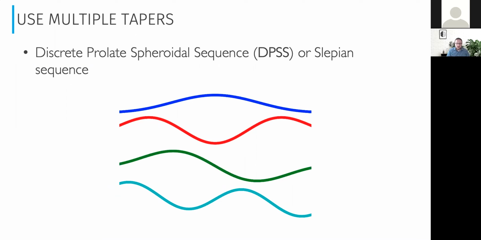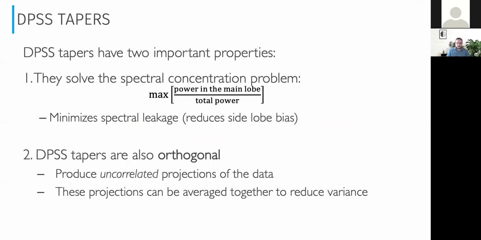It really doesn't matter what this is, but at the very basics, you need to know that these are different taper shapes that we multiply the data by, and we're going to average them together. But these are very special shapes for a couple of reasons. They're shapes that were designed to taper things so that you keep most of the power in the main lobe. And they also have a mathematical property called orthogonality, which means they produce projections of the data that are uncorrelated with each other.